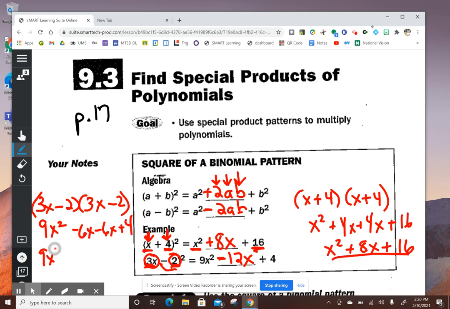So combine your two middle terms, you get minus 12x plus 4. Okay, so again, instead of FOILing it, you say a times b, 4x times 2 is 8x to get your middle term. 2 times 3x is 6x, times 2 is negative 12x to get your middle term.